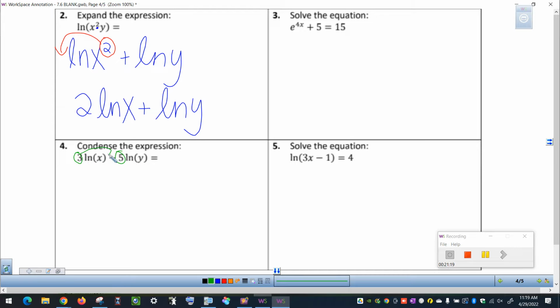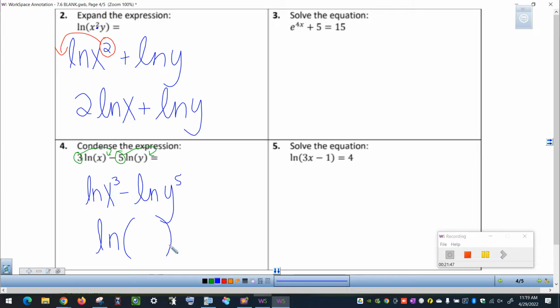Notice that we do have some numbers out in front of each one. Our first step here is to move those numbers back up to the position of an exponent.